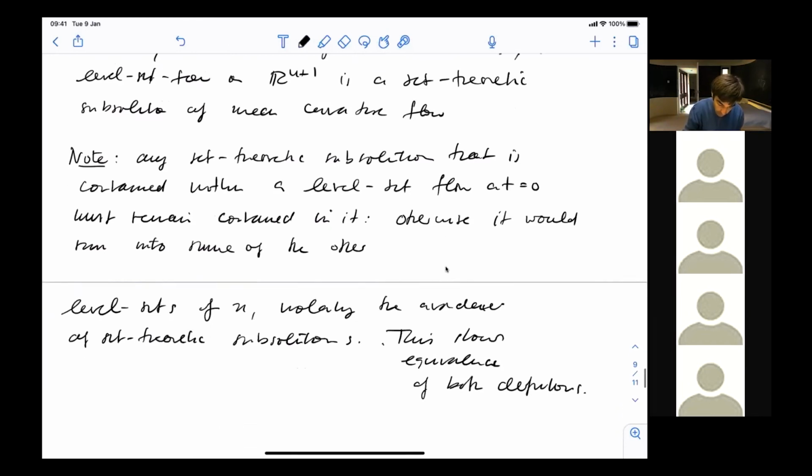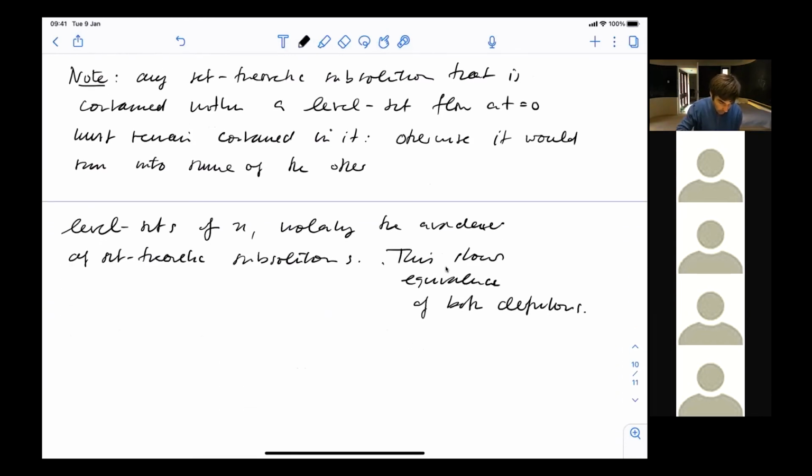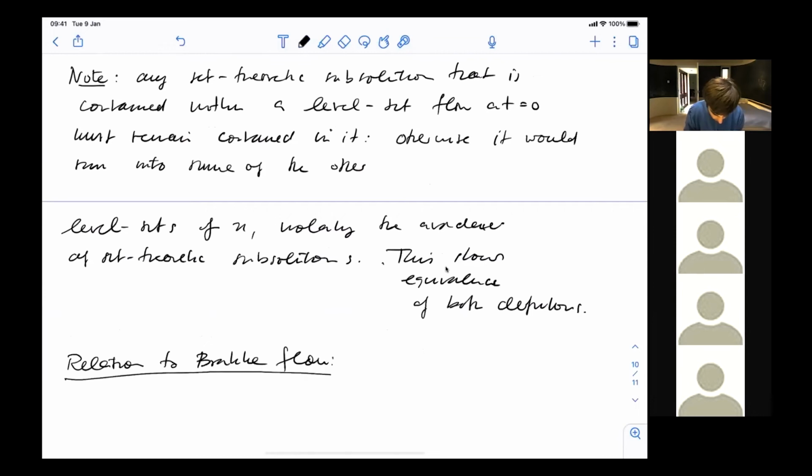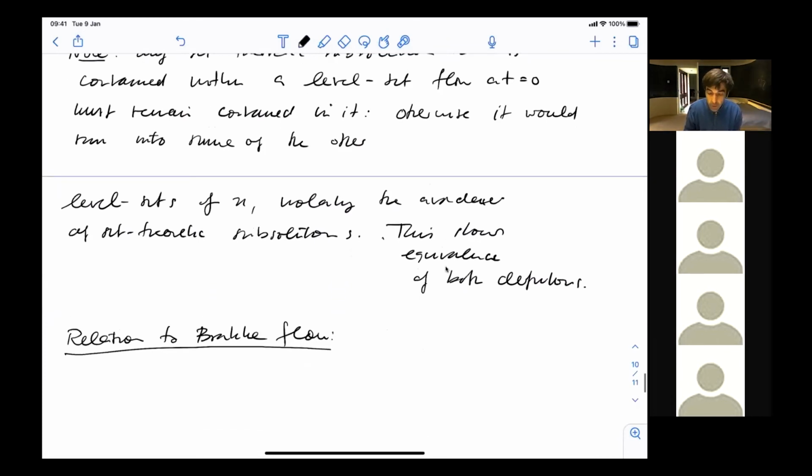Okay, now let's relate this to Brakke flow in the very end here. Remember, we have seen that Brakke flows are a set theoretic subsolution, so we have the following lemma.